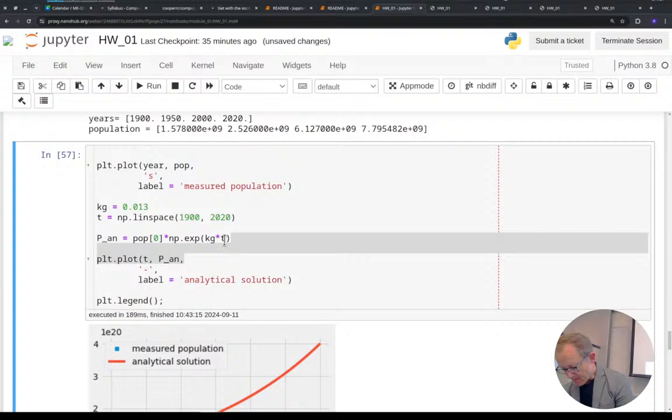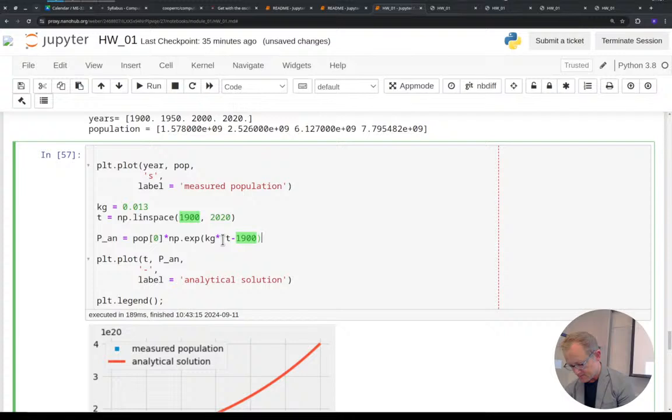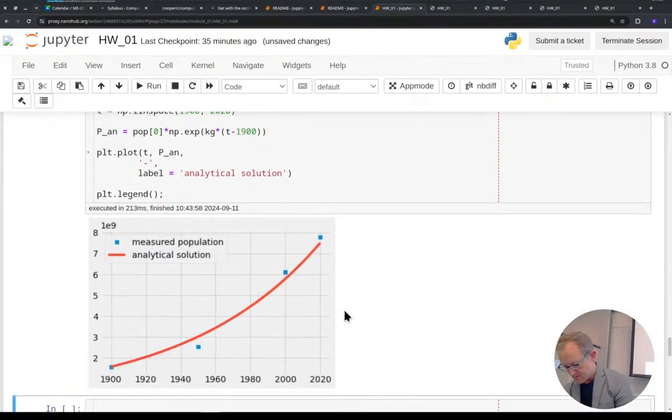So again, I want to shift everything by 1900 years. And now I've got this solution that, again, if you squint, they're pretty close. Not bad.